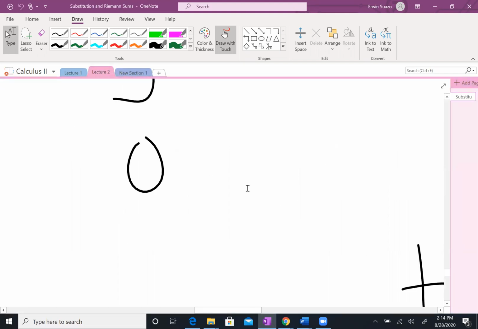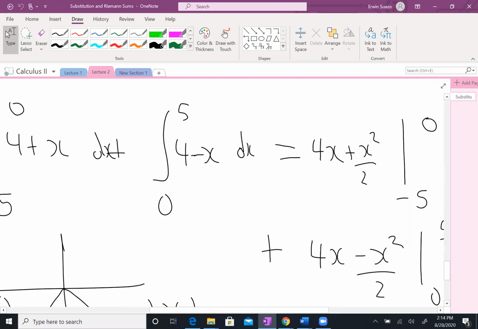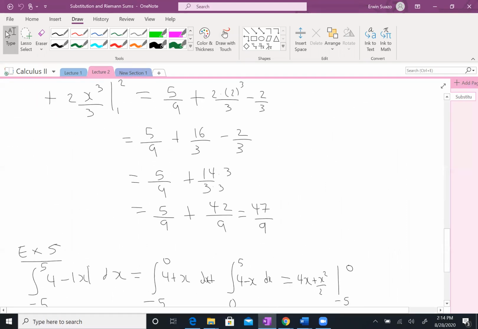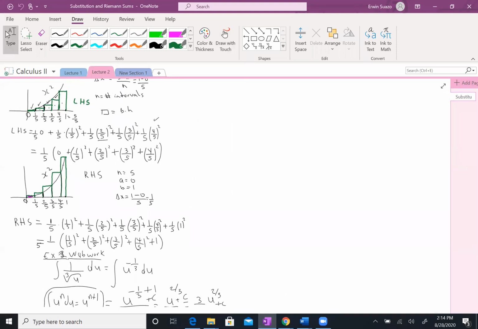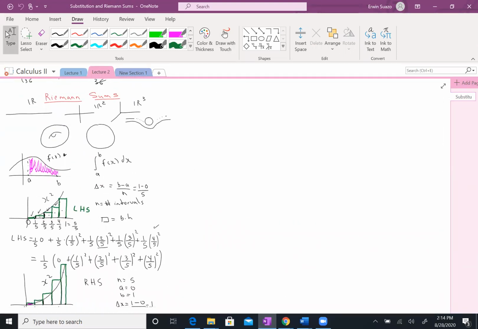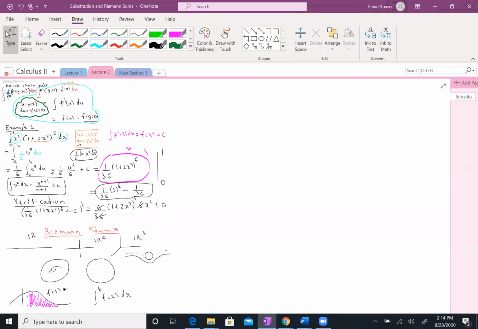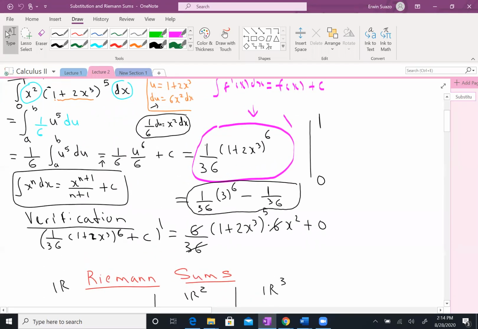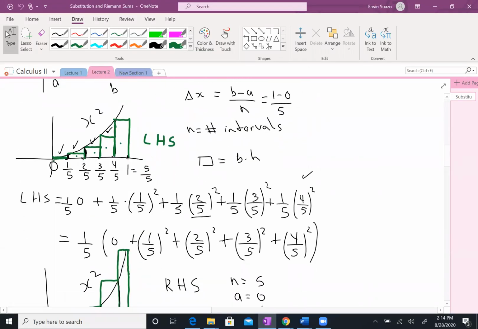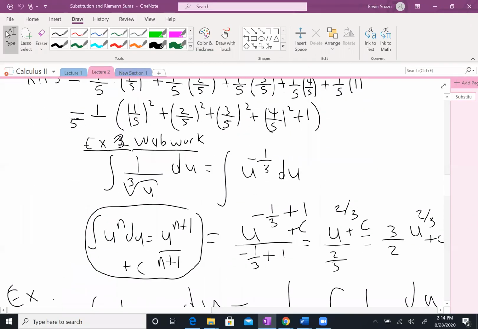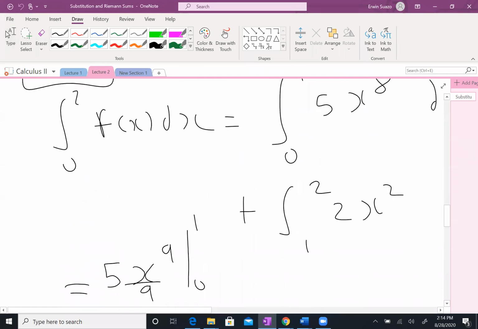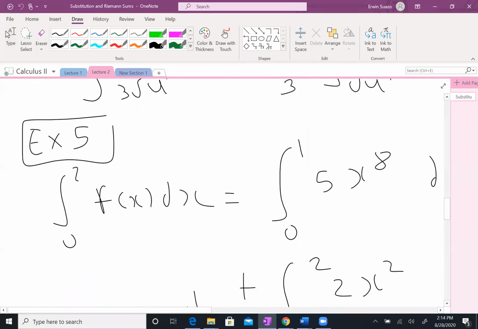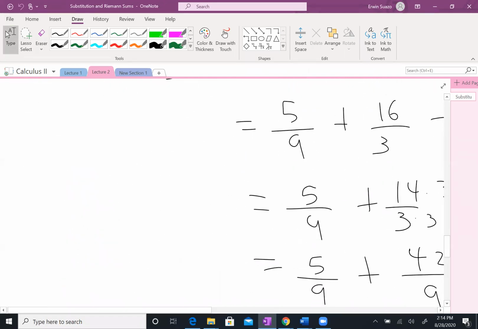So let me see what was here. That was yesterday. We were doing Riemann sums, right? The left hand sum, right hand sum. And we did some exercises from Wedworth.